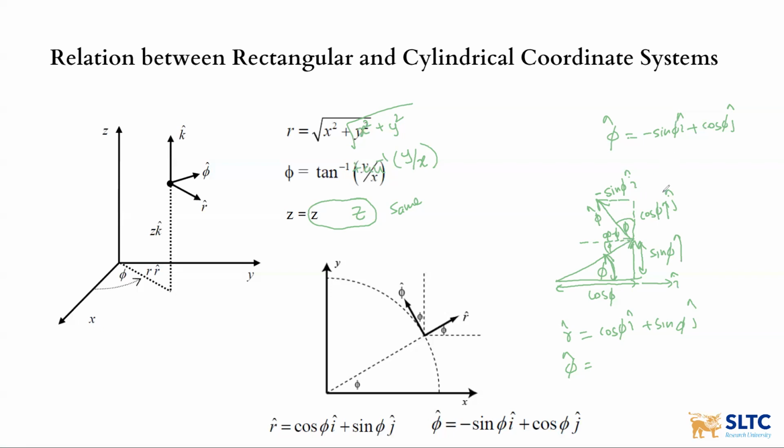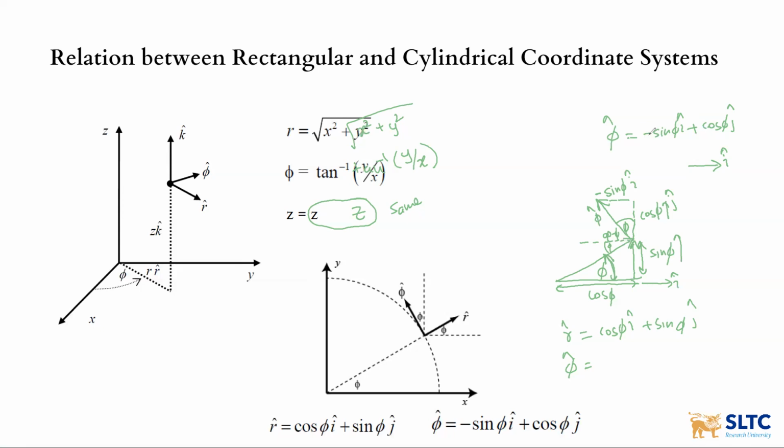Anyway, we can define the i hat direction's magnitude as minus sine phi i hat, because our direction of i hat is in the axis direction. So we need to take the minus sine phi i hat. i hat is always in this direction. Since we have to take the opposite direction, we are multiplying by minus sine phi and i hat.